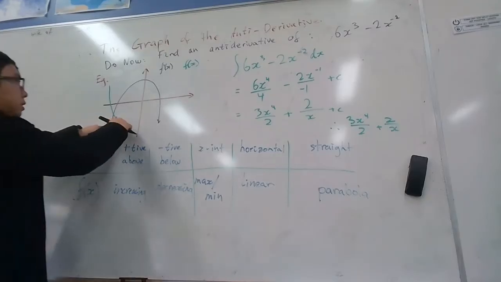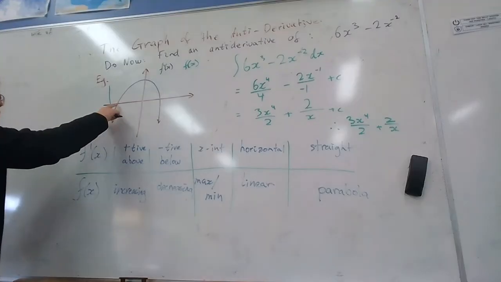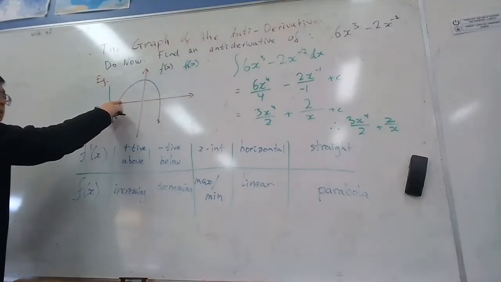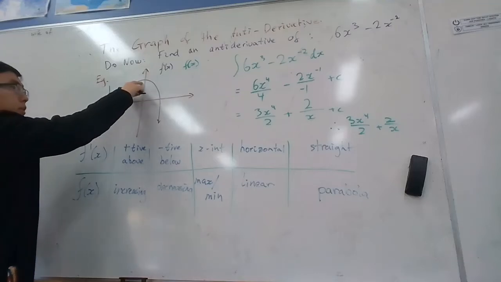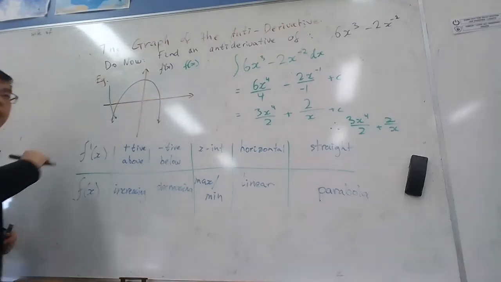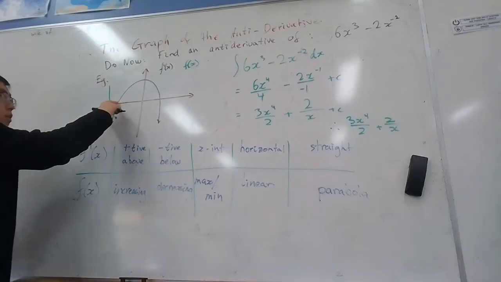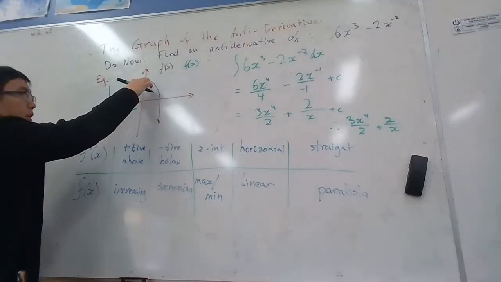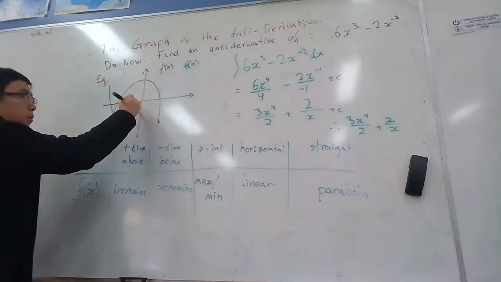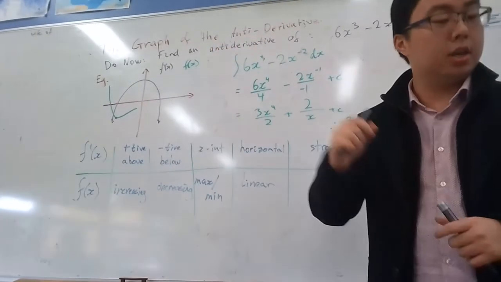If I go from here to here, I'm starting from 0, sorry. It's slightly positive, it's very positive, it's not so positive, and then back to 0. So again, it's starting from 0, slightly positive, up to this point it gets very positive, not so positive, but still positive, right? And then it brings us back into a stationary point, doesn't it?